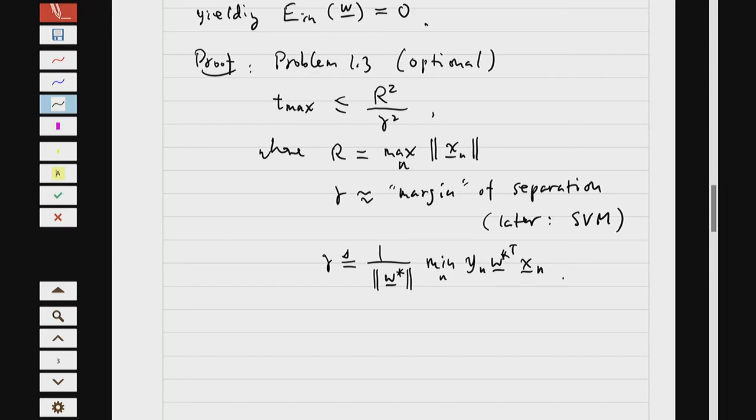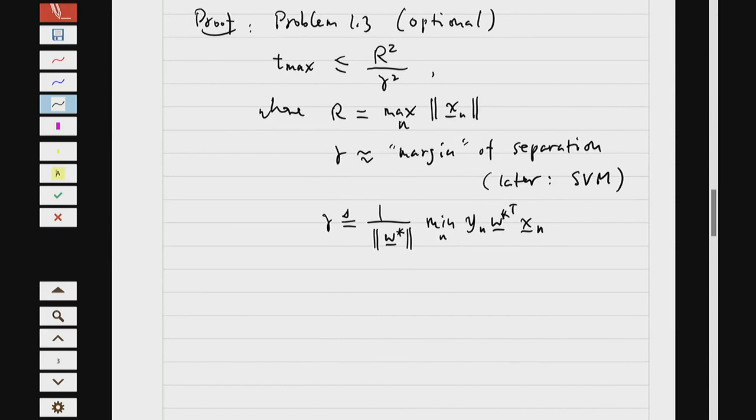I just want to remind you that this product is important, and we'll see this form very often when we study SVM. And here, of course, I have to define W star. It is any optimal set of weights.